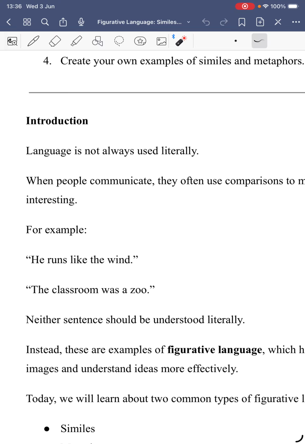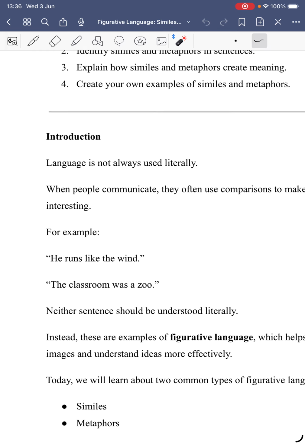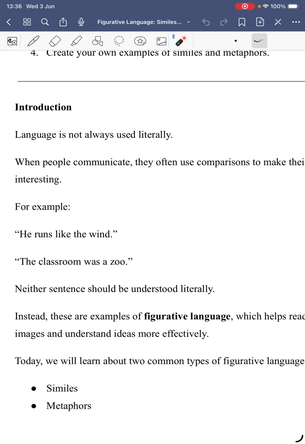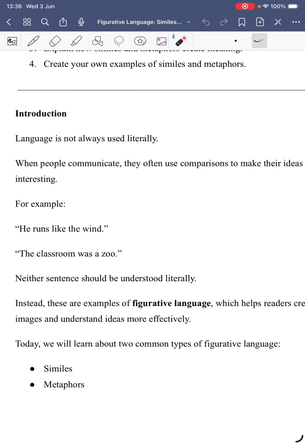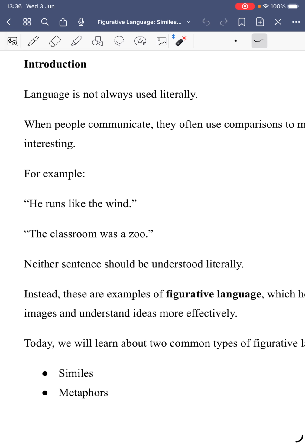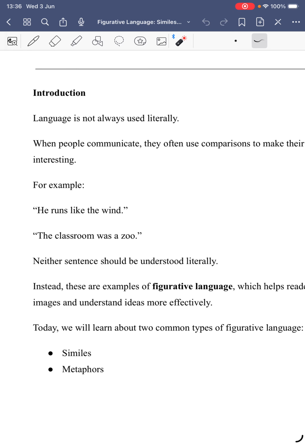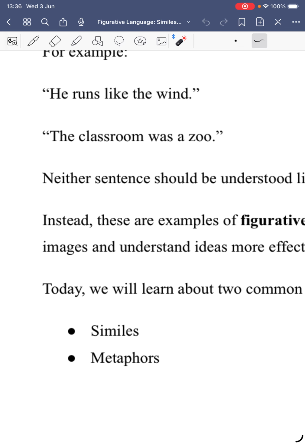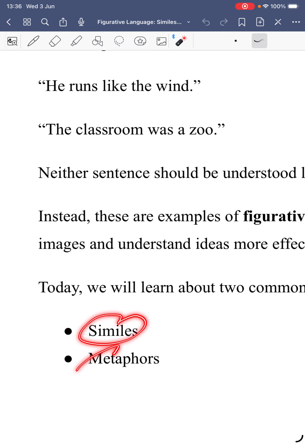Instead, we're trying to say that the classroom was noisy and chaotic. Neither of those sentences should be understood literally. These are clearly examples of figurative language, which helps readers create mental images and understand ideas more effectively. Today our focus, like I said, will be similes and metaphors.